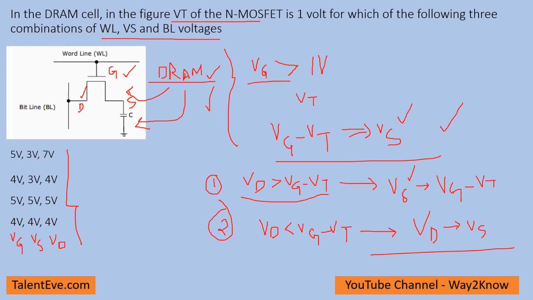So we generally compare these two as we mentioned before. So Vd is greater than Vs. So that means Vg minus Vt definitely should be applied here. Vg minus Vt is 4 volts because 5 minus 1 volt, which is 3 volts. So this is not the case.